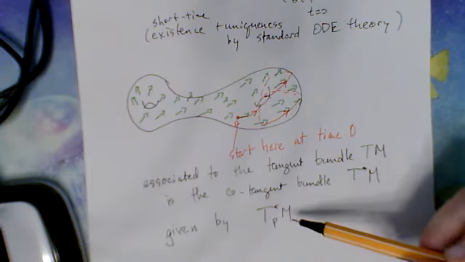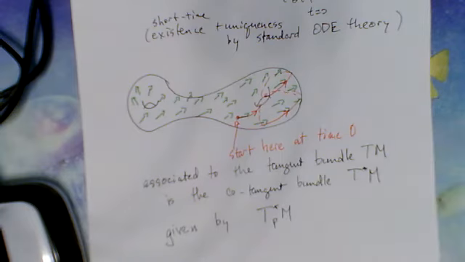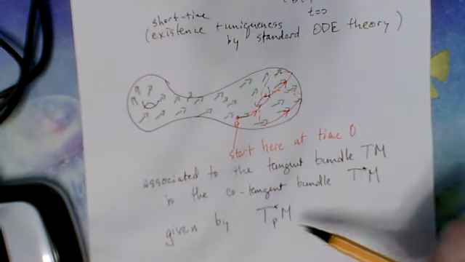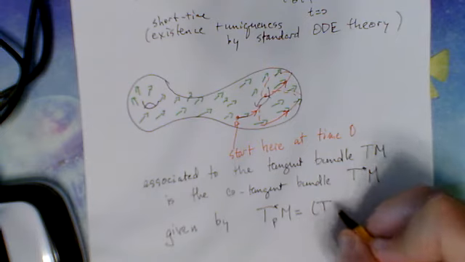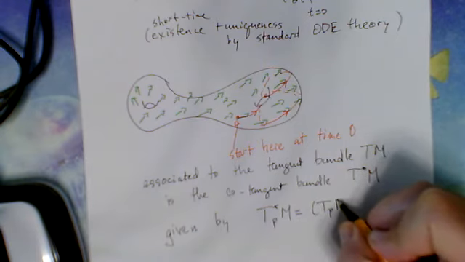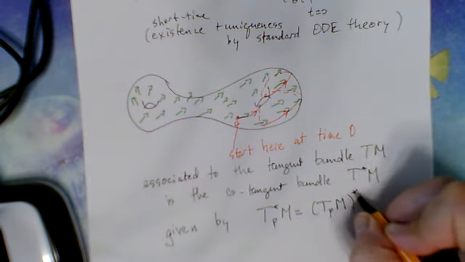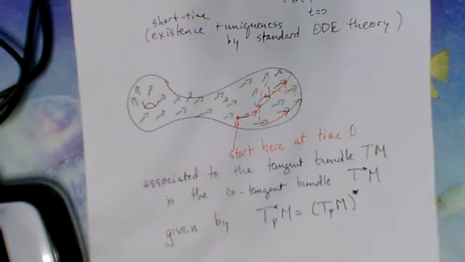The vector space sitting over each point in the cotangent bundle is the dual space to the tangent space.